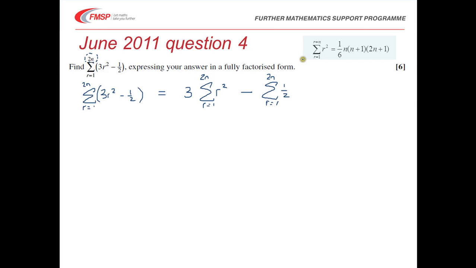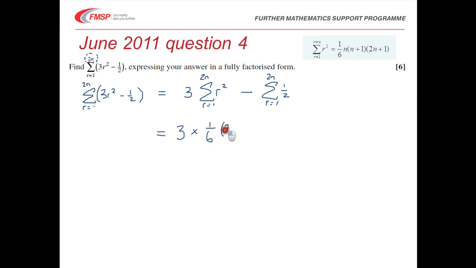Sigma r squared, now from your formula book, you will have sigma r squared from 1 to n, but we're going to have to be really careful because we are summing it from 1 to 2n. So everywhere I have an n, I'm going to replace it by a 2n.